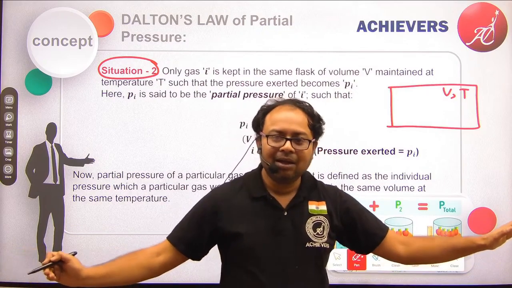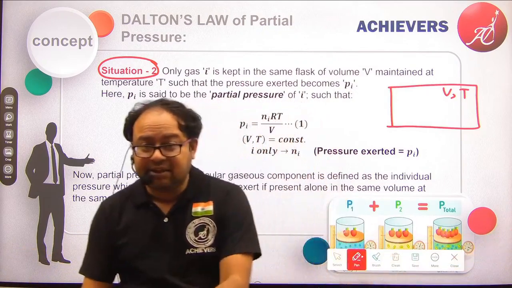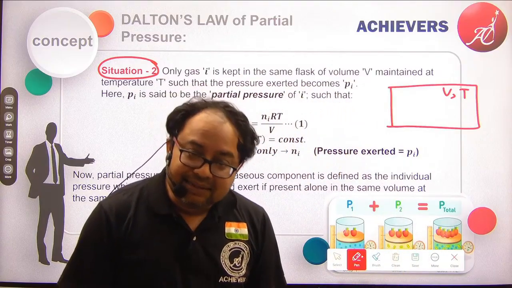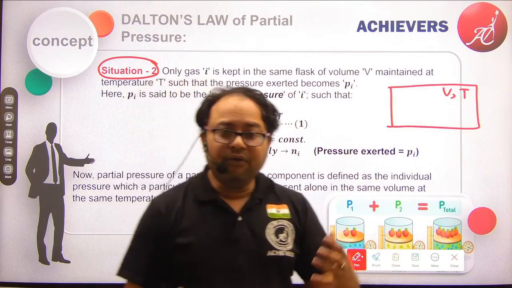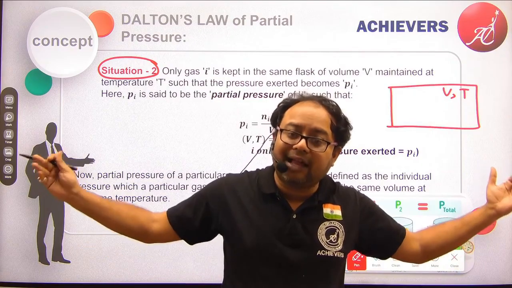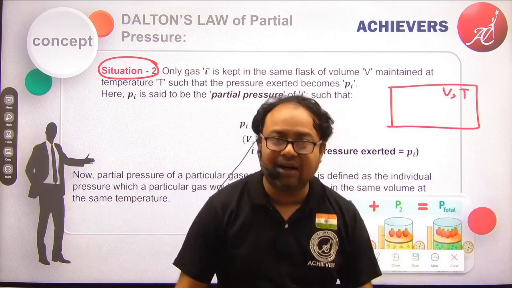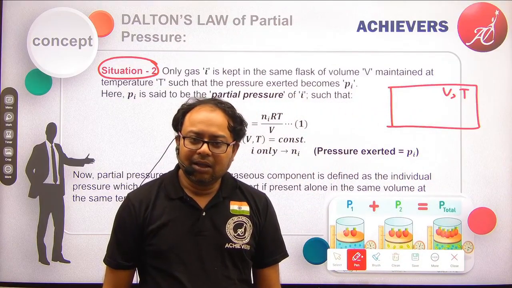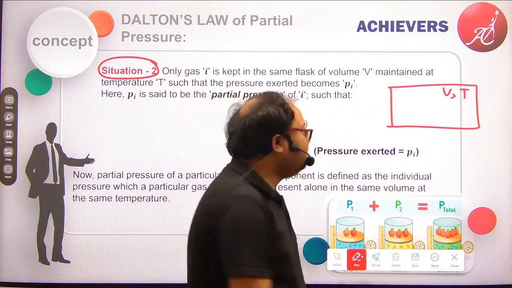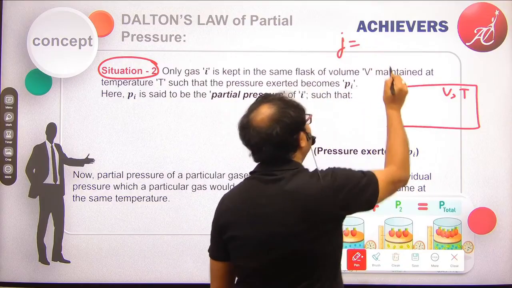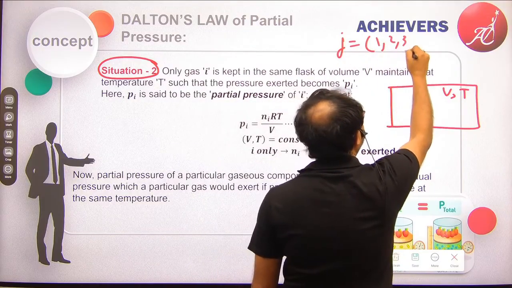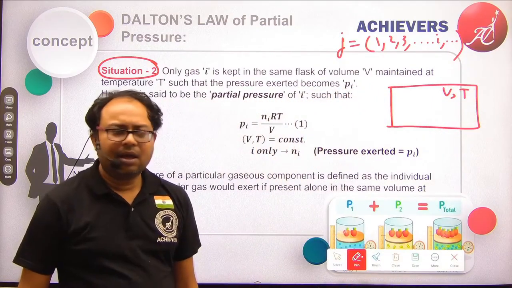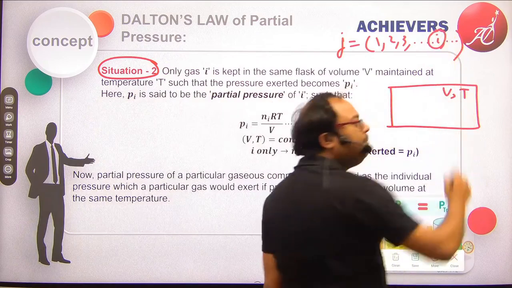Understood? Now, what's the difference between situation 1 and situation 2? In situation 1, we have taken all the non-reacting gases together in this particular flask. And the set was denoted as J. J is comprised of a huge number of gases, out of which I is an arbitrary gas.